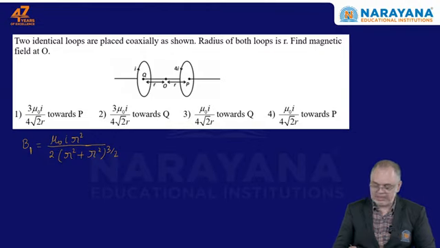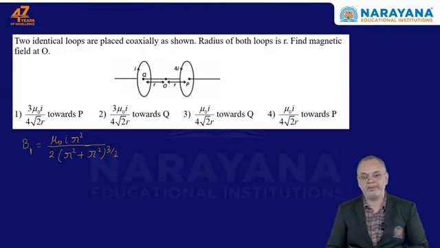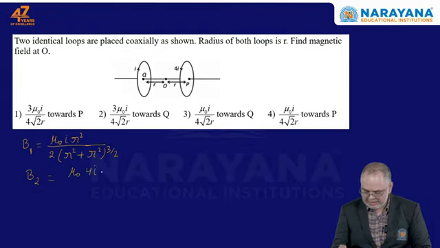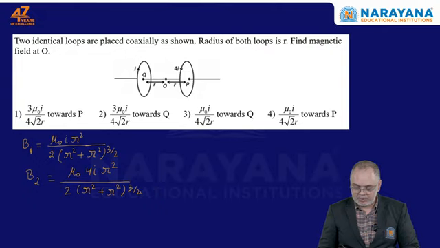I am considering this field as B1. Now B2, here only the current value will change: mu naught into 4i r square divided by 2 into r square plus r square to the power 3 by 2.